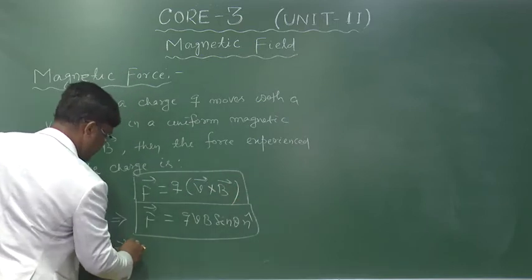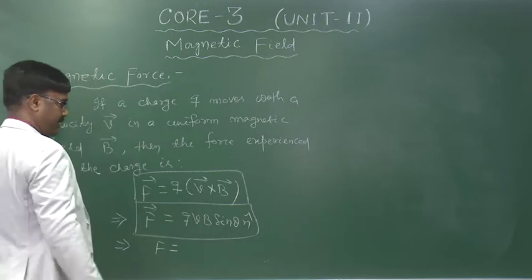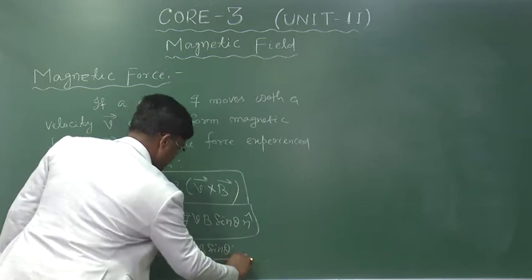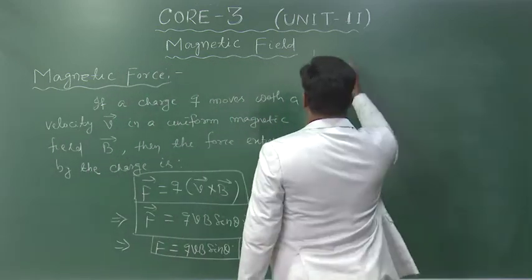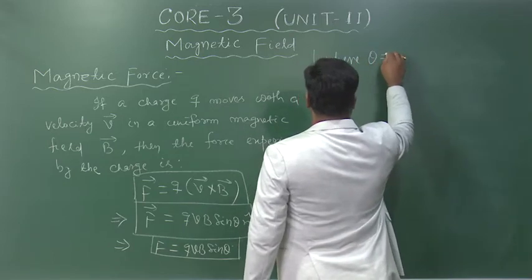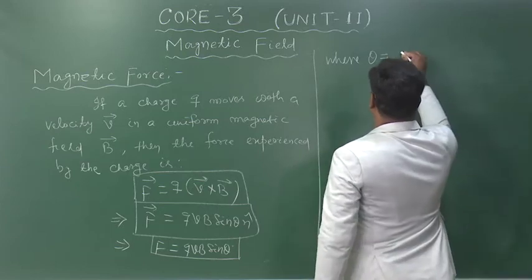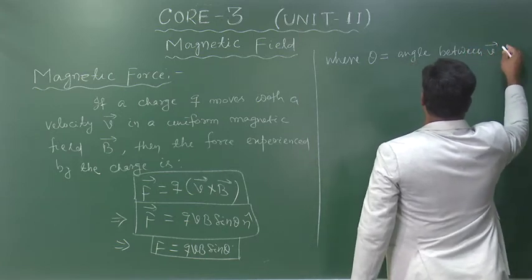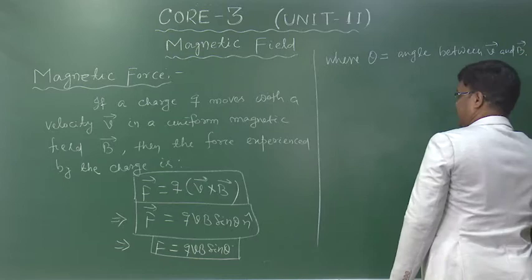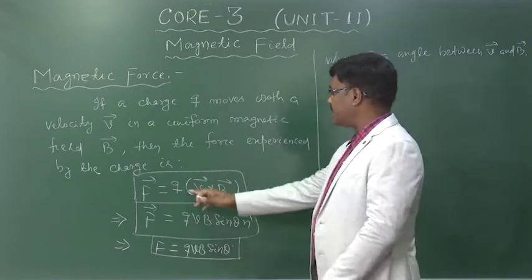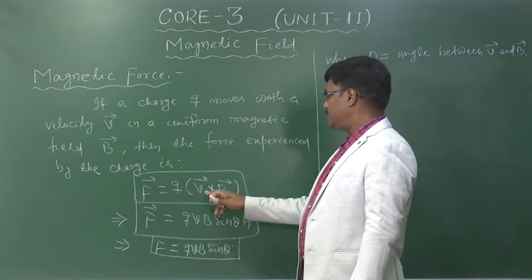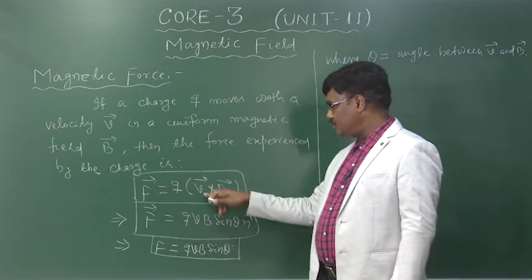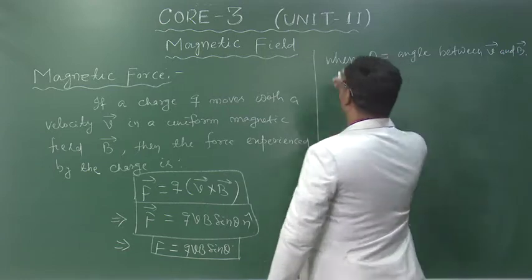Implies the magnitude of F will be QVB sin theta, where theta is equal to the angle between V vector and B vector, and the direction of this force is always perpendicular to the plane containing this V vector and B vector, because it is due to the cross product of V vector and B vector.